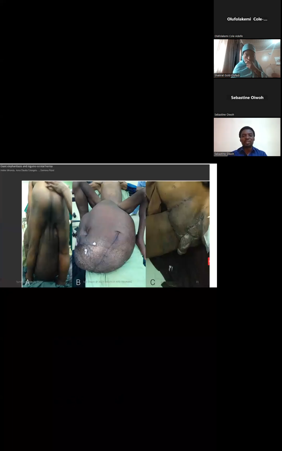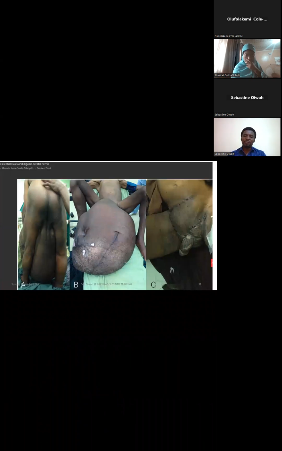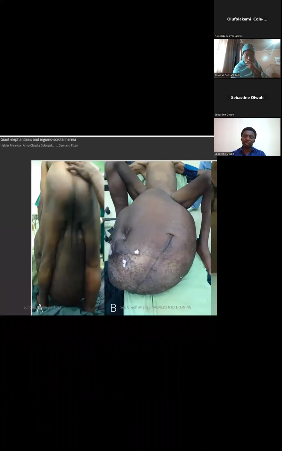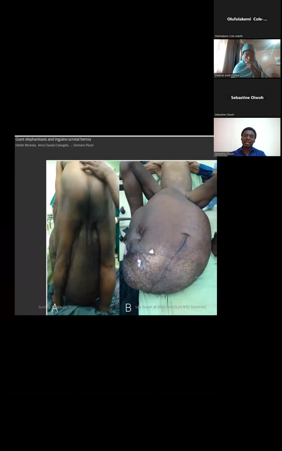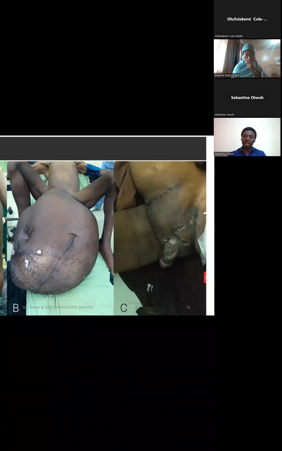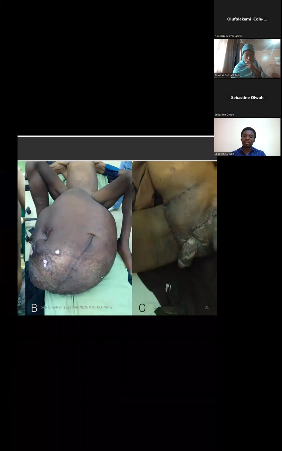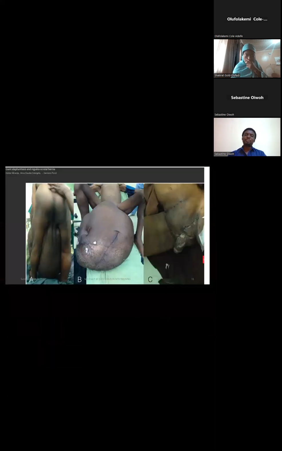Like I mentioned, this is involvement of the various parts of the body. You would see in this patient who has giant elephantiasis with inguinoscrotal hernia, and this was successfully repaired.